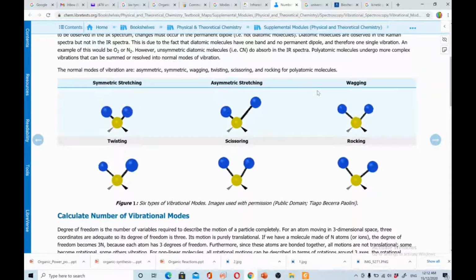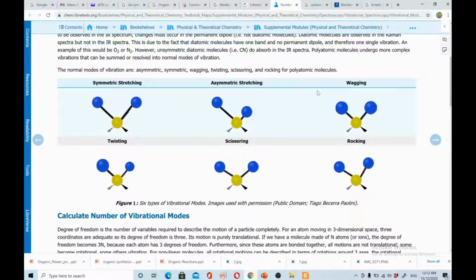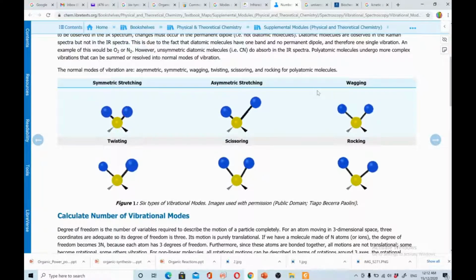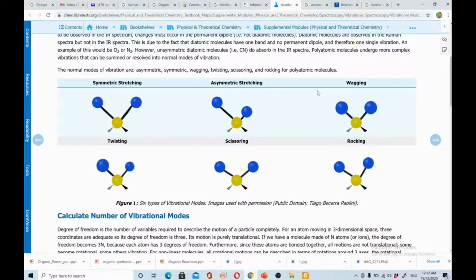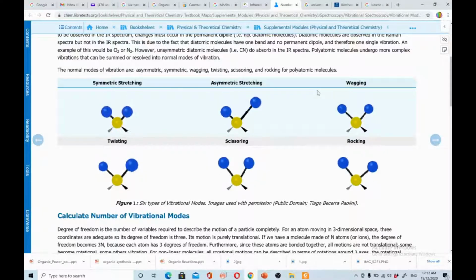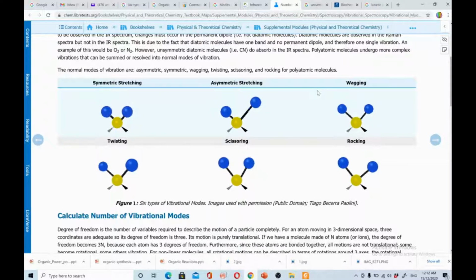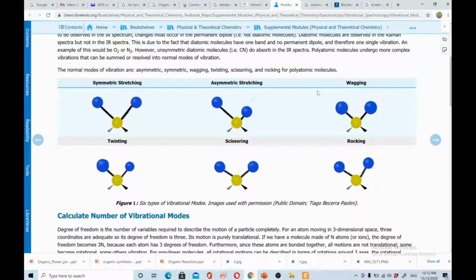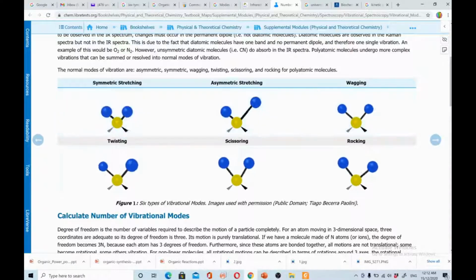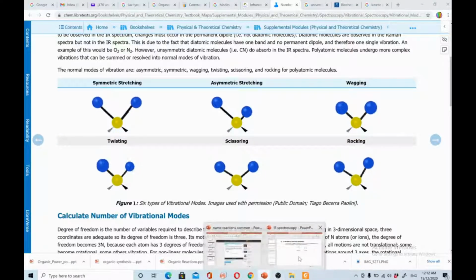So these are the 6 important modes of vibration that exist for molecules. Now let's go back and understand in more detail.